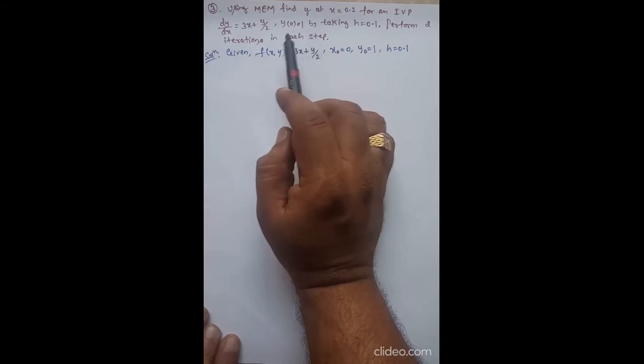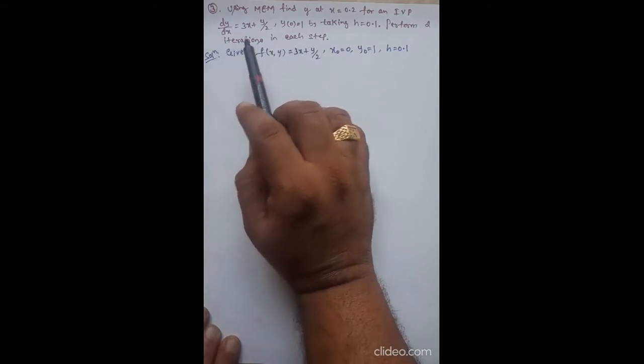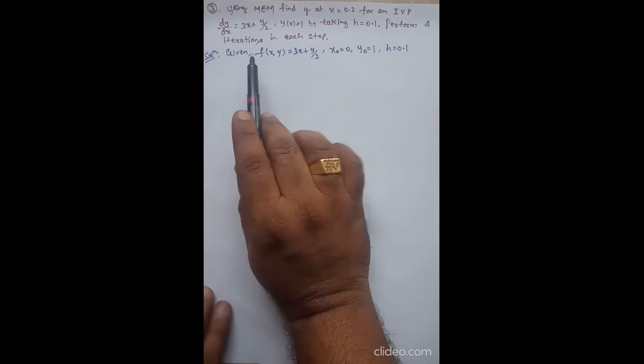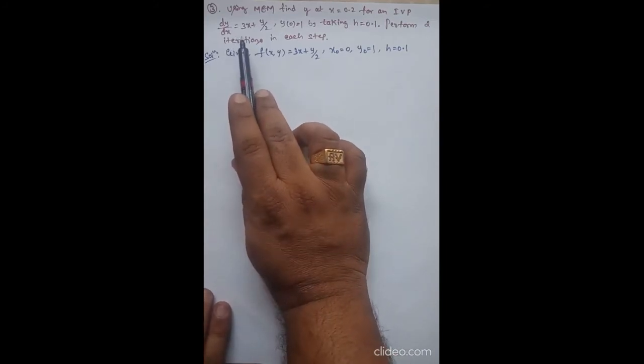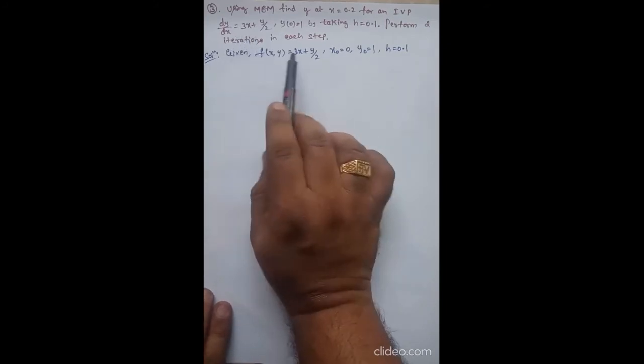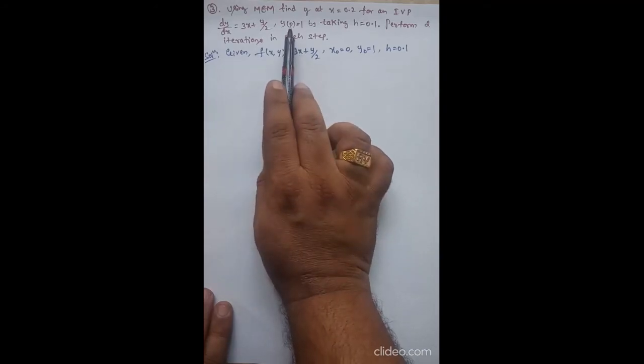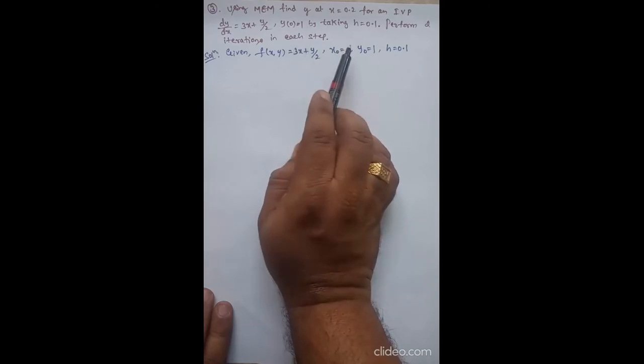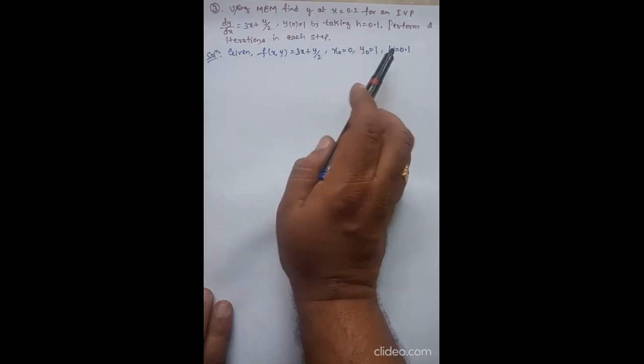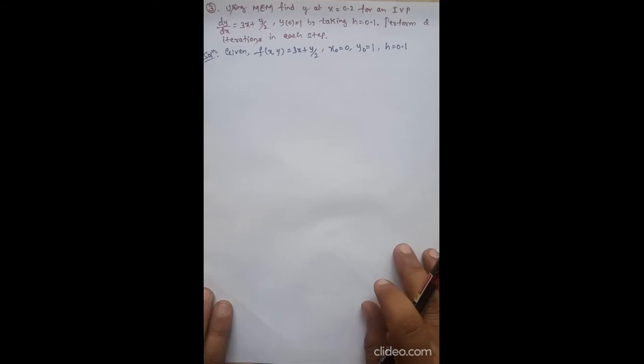So this is the problem here. Solution. I'll write the given data. You know dy by dx is f of x comma y. So f of x comma y equals 3x plus y by 2. Initial conditions: x naught is 0, y naught is 1, and the step length h was 0.1 here.